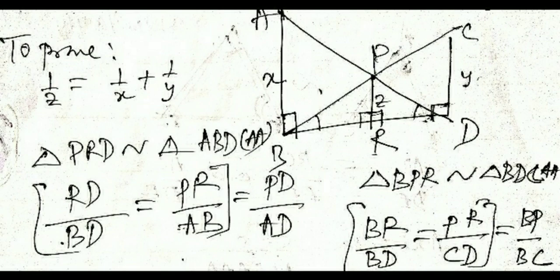Now look at these two selected portions carefully. In the first case, DR by BD is equal to PR by AB.